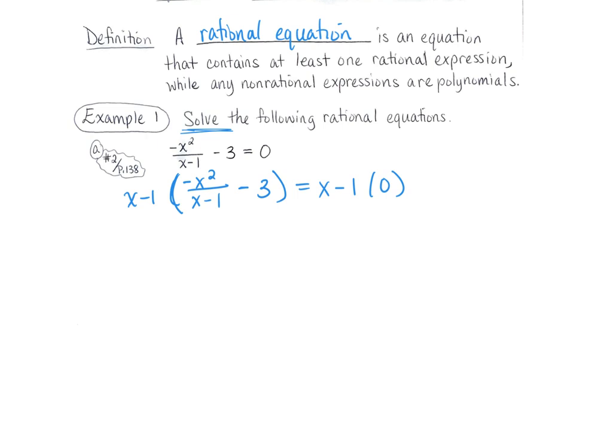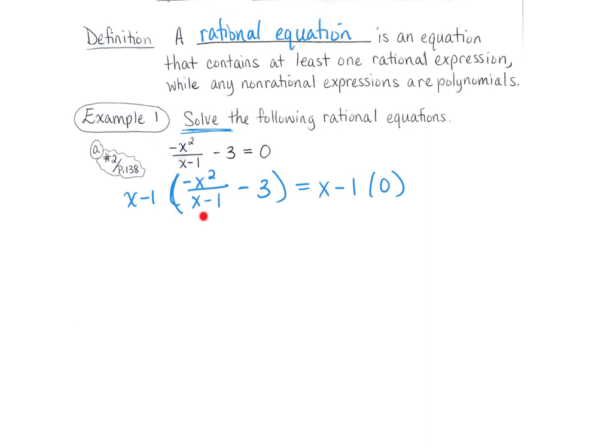Can't you just put the x minus 1 next to it? Should it only be to the fraction and not the other number? You said, should we only multiply x minus 1 by this?